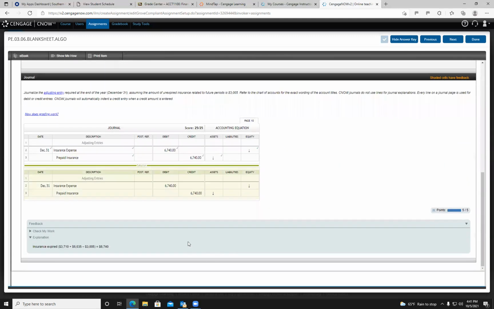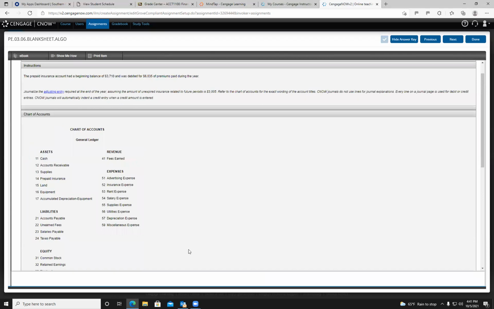So let's go down here and look at this. This took some kind of figuring out. We had prepaid insurance with a beginning balance of $3,710. It was debited $6,035 for premiums paid during the year. Prepaid insurance is an asset, first of all, so debits increase it.